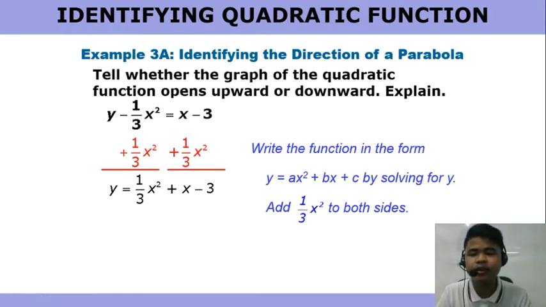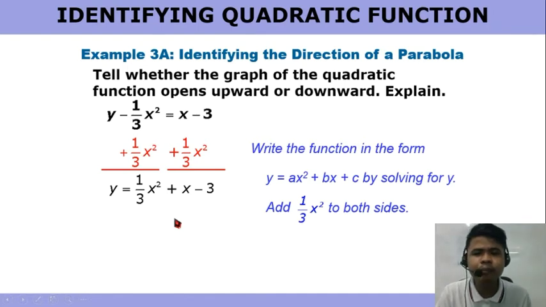Negative 1/3 x squared plus 1/3 x squared will be 0, so cross out. Then x minus 3 plus 1/3 x squared, just copy 1/3 x squared, then copy plus x minus 3. So, ito na yung standard form ng quadratic function.